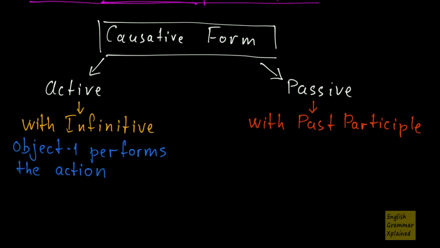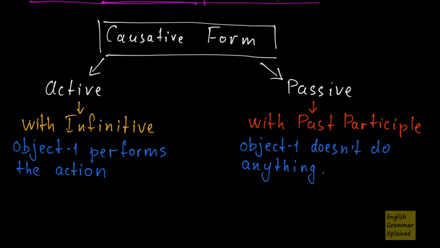But with a past participle, object number 1 doesn't do anything. Moreover, the action is performed on it.